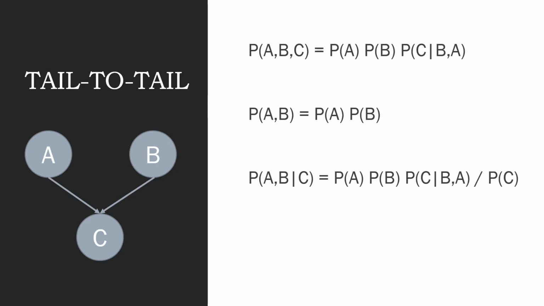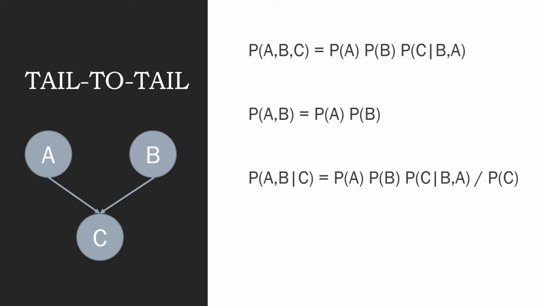For the tail-to-tail, here we have A and B with its tail of the head, that is C. The joint probability of A, B, C here is straightforward. Again, it is P(A), P(B) multiplied by P(C given B and A). For the probability of tail-to-tail, P(A, B) is equal to P(A) P(B), because here you can see that A and B are independent when we are not given the C value.